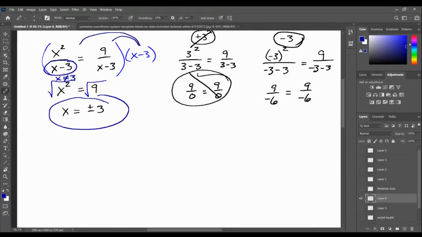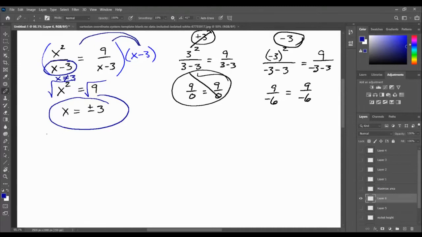We didn't, and I didn't on purpose so that we could check and see that one of those actually doesn't work. That's something you really need to watch out for in this section, is that your solutions are actually viable given the domain restrictions. Let's look at another type of problem.